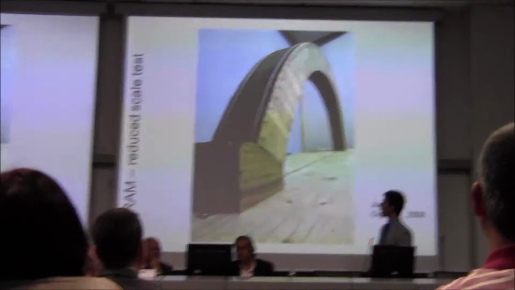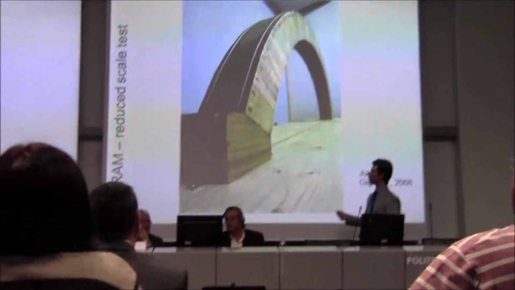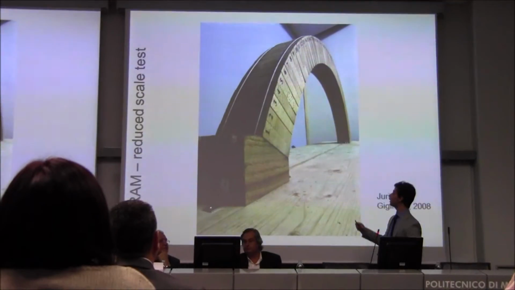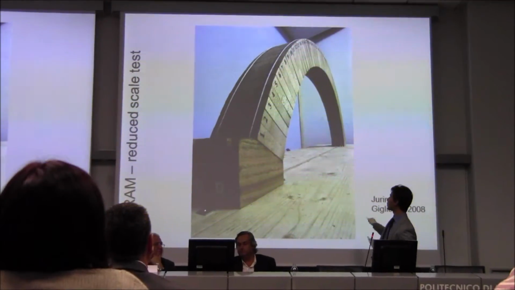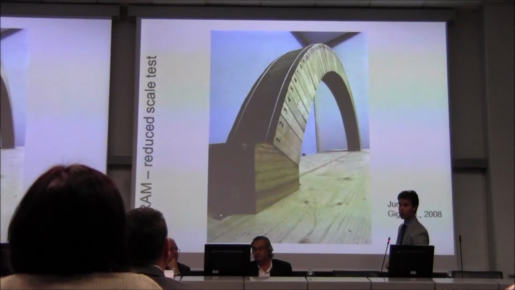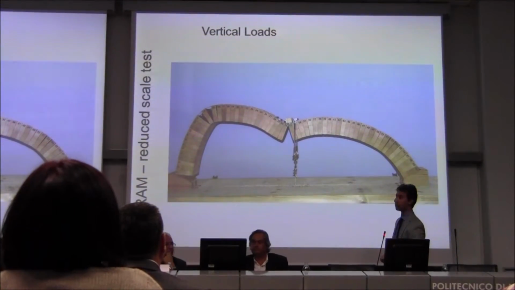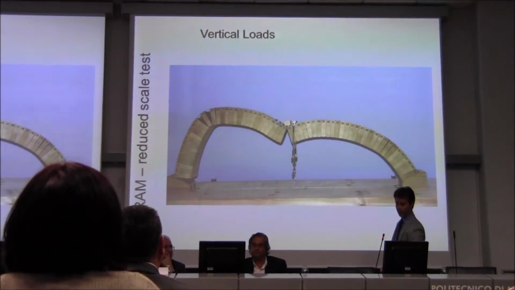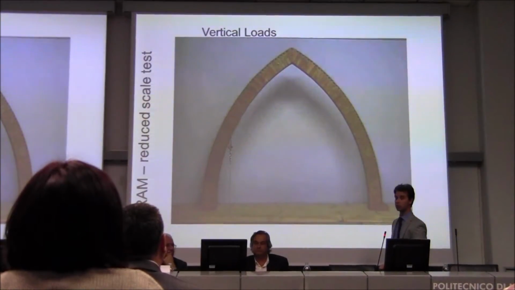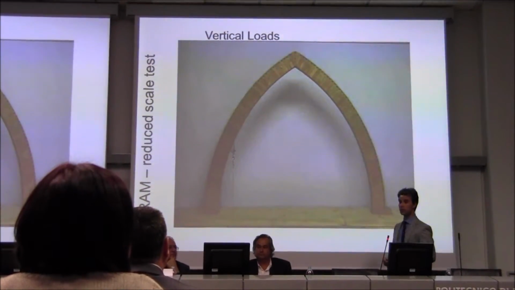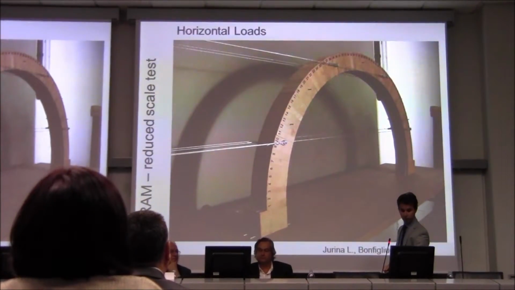Again by Professor Iurina, a reduced scale test has been performed on wooden arches that have a span of 1 meter, more or less, and these arches have been tested by applying vertical loads in different points and by applying different geometries, so circular arches, Gothic arches, and so on.